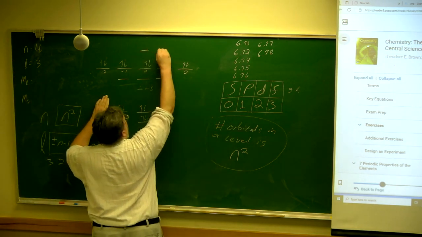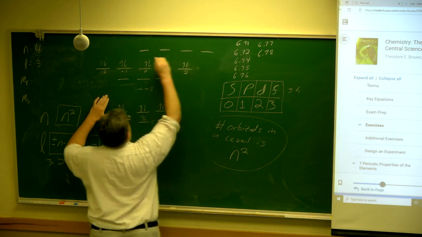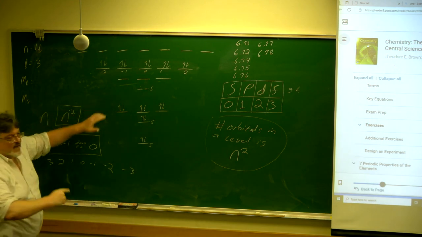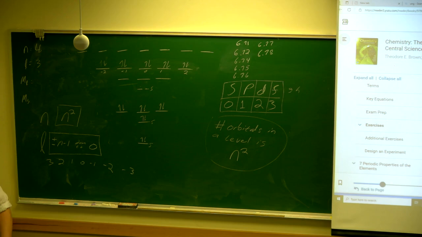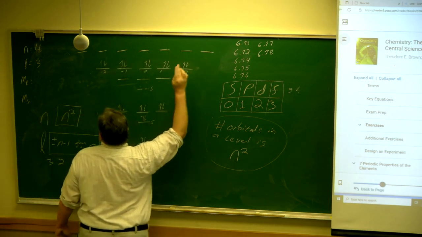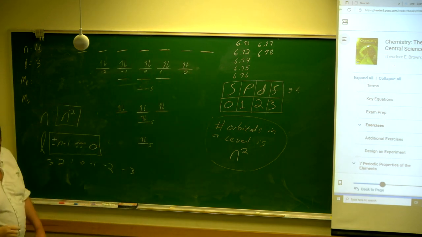That's going to be the one that has 7. S has 1, P has 3, D has 5, and F has 7. So you could answer this by going, there's 2 electrons, 2, 2, 2, 2, 2, 2. So the answer here is going to be 14.